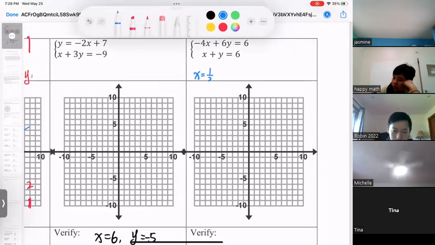So did you mean x is 2.5? I don't really know. Okay. Did you draw the linear lines? I did draw the lines, but I didn't find the solution very well.